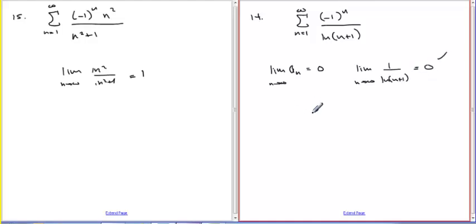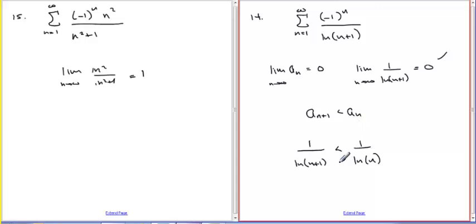And the second part is that a sub n plus 1 is always less than a sub n. So is 1 over the natural log of n plus 1 going to be less than 1 over the natural log of n?